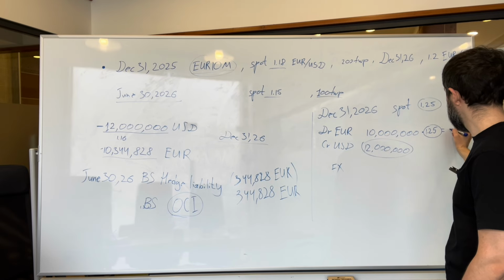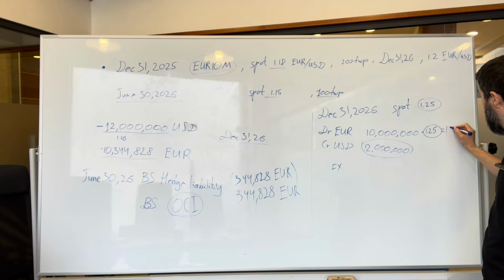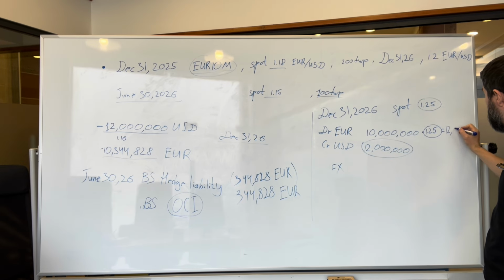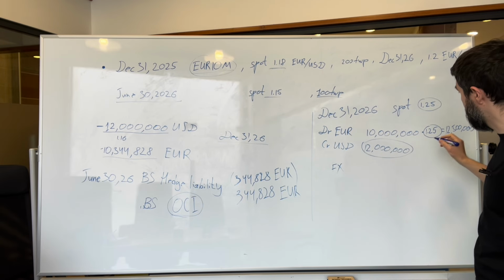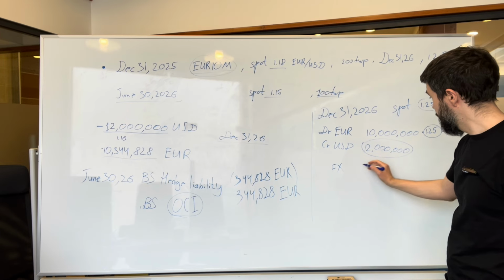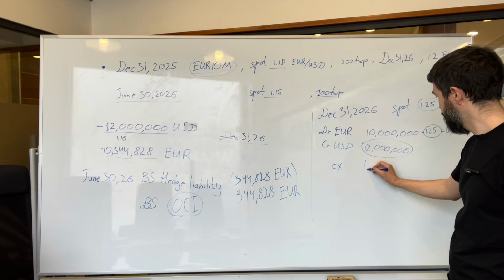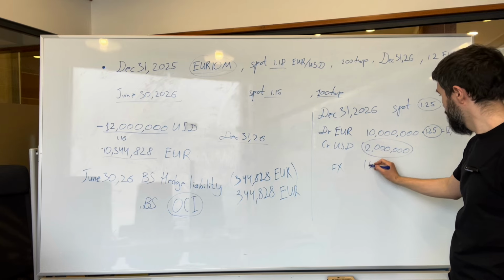Let's convert it. It's going to be 12,500,000. And the forex here, this is P&L, so that's why it's with minus 500.